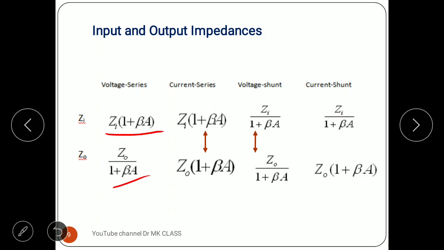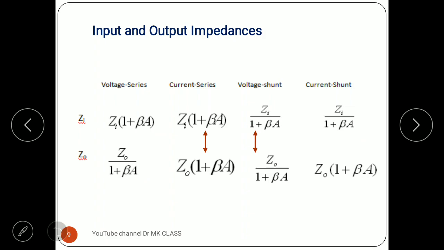And here Z0 divided by something, so it will decrease. Here in current shunt you check, Zi divided by 1 plus beta a means it will decrease, and here it will increase. Here there is a multiplying factor, so it will increase. Wherever division is there, it will decrease.